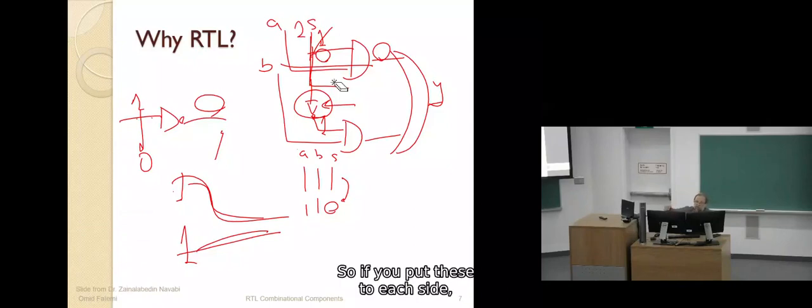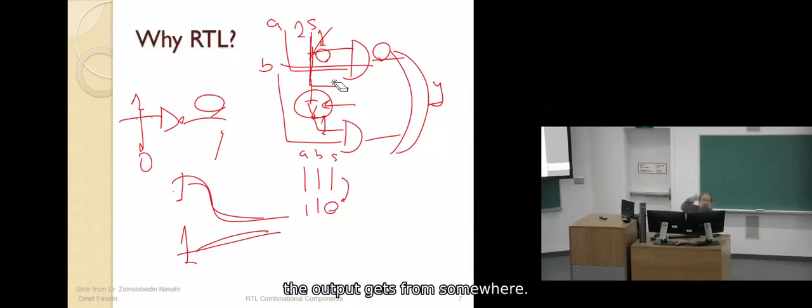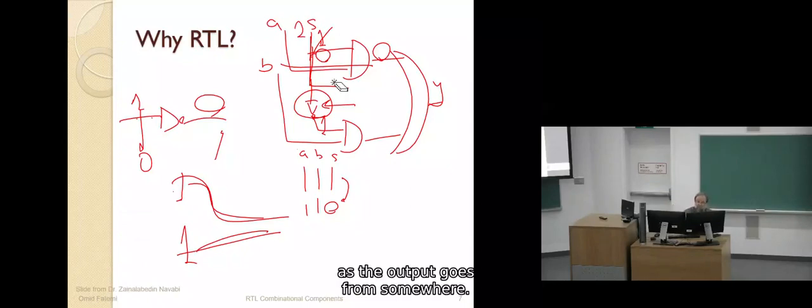If you put this switch that side, the output gets from somewhere. If you put it somewhere else, the output goes from somewhere else. So you expect that if you switch this, then the output is this. But this doesn't happen. This output is 1, and when you switch this to 0, the output gets 0 instead of 1.